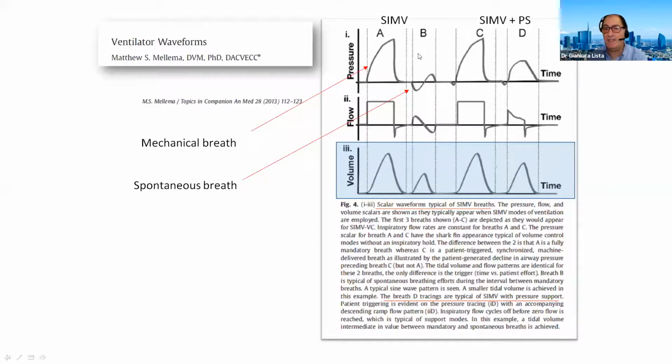In this case, it's better to switch the baby from the SIMV to, for example, SIMV plus pressure support. In fact, the same baby, when it was managed with the SIMV plus pressure support, was able to generate a tidal volume very, very similar to the tidal volume during the mechanical breath.